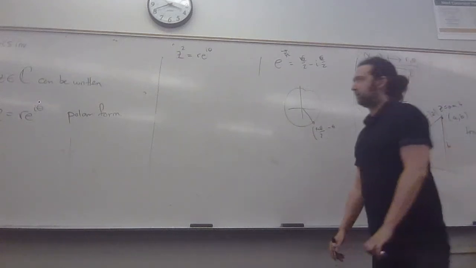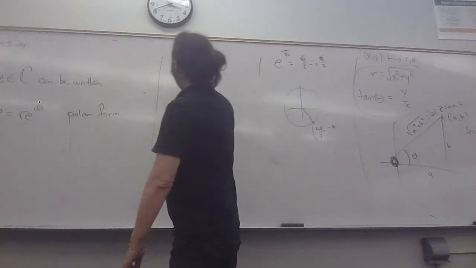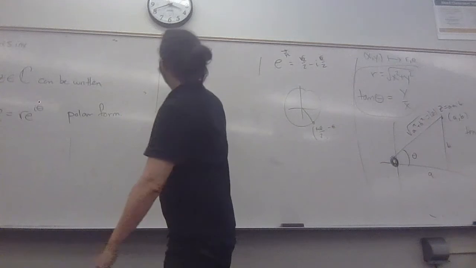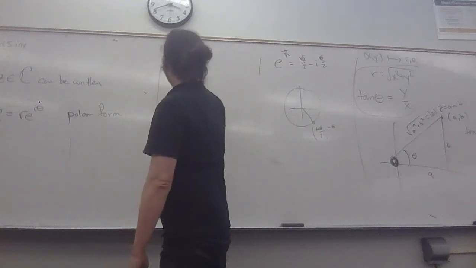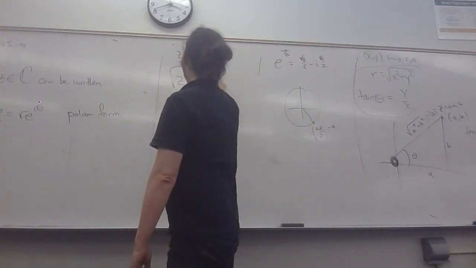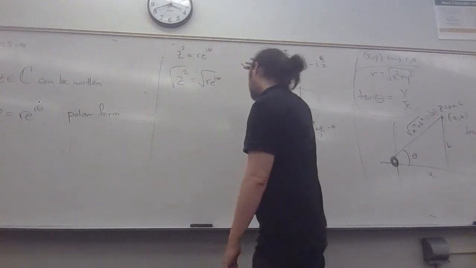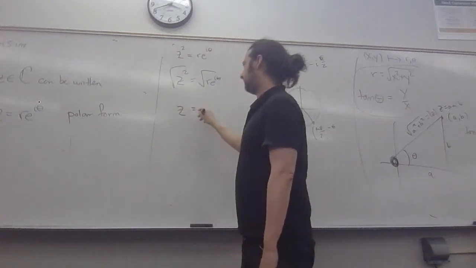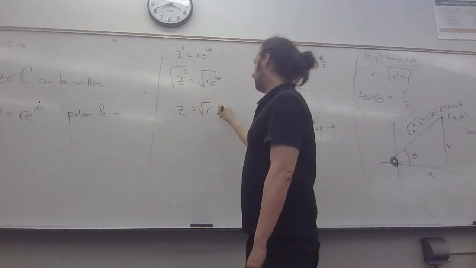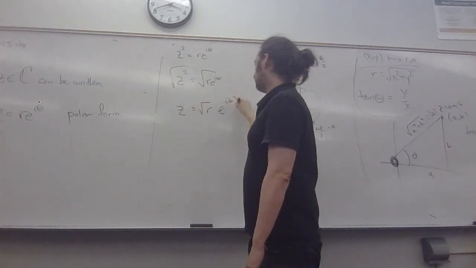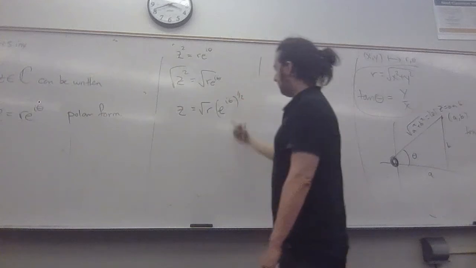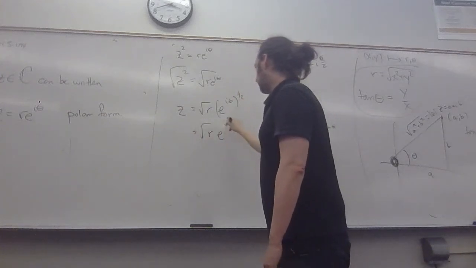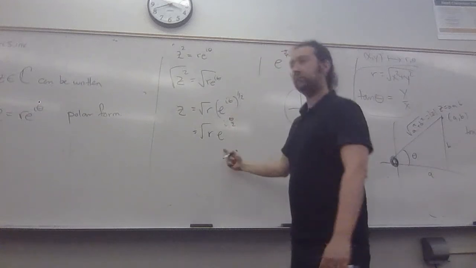Okay. So if you naively took a square root here, I don't know how to deal with the plus or minus thing at the moment, but maybe we can just do this: root r, and then e to the i theta to the 1/2, so power to a power, that would mean e to the i theta over 2. That should solve the equation.